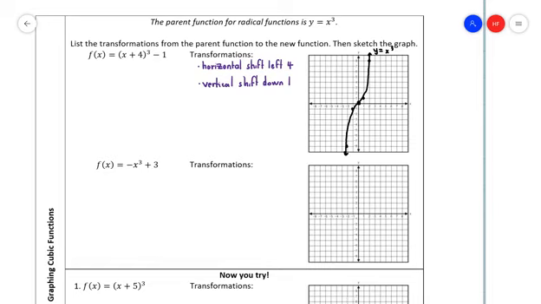So I'm going to take each point and move it left 4 and down 1. And then connect those points. And that is my graph of f of x.